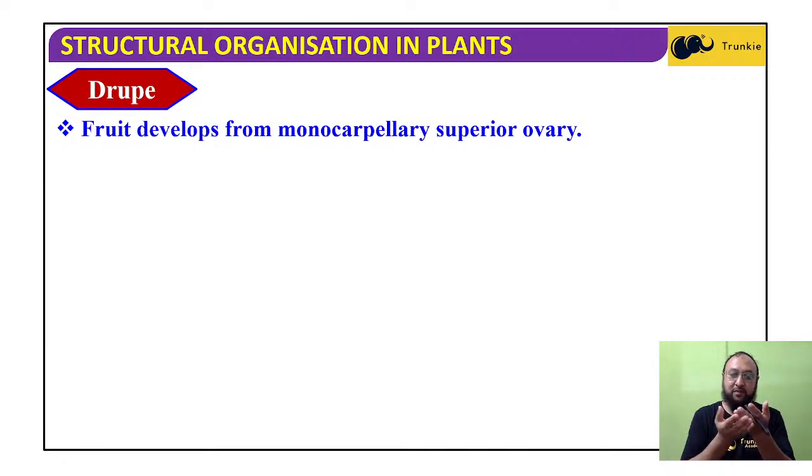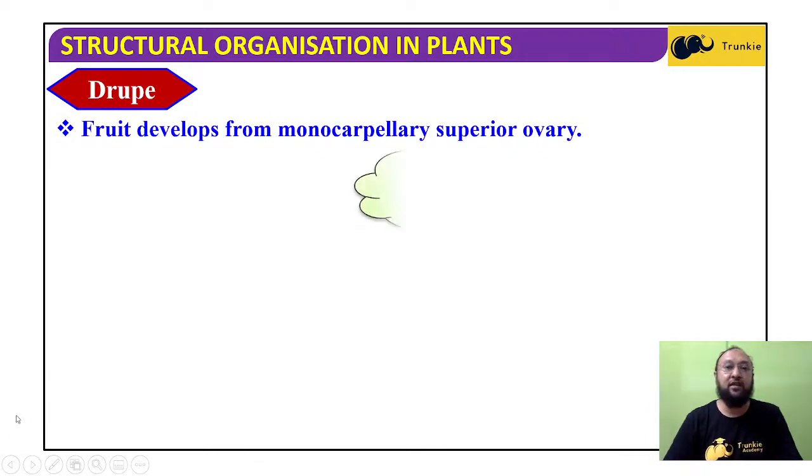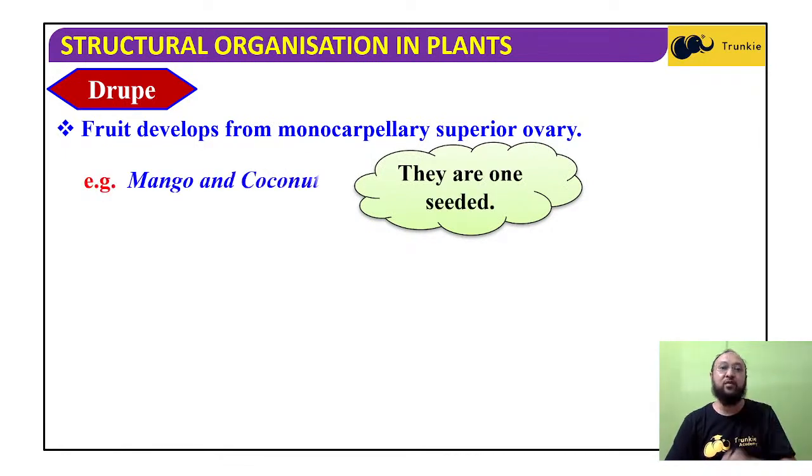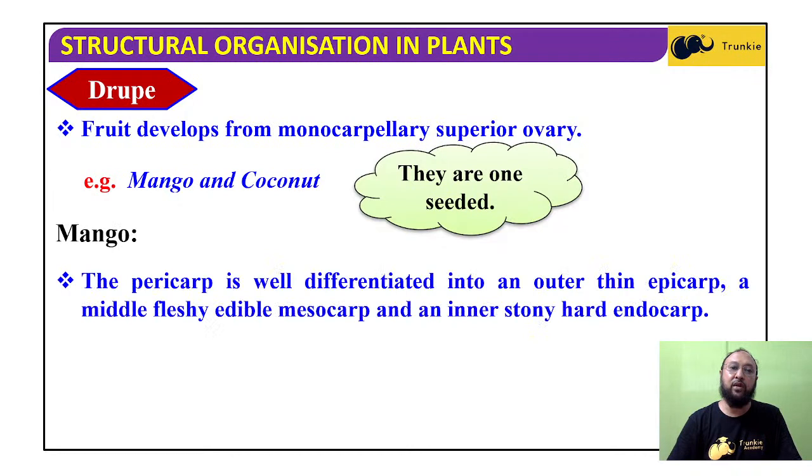That means all the floral parts are below the ovary, and the ovary is superior. So that is the monocarpellary superior ovary. They are one-seeded, only a single seed, because there is only one carpel. Mango and coconut: in mango also you find only one seed. So mango and coconut are examples of the drupe fruits.